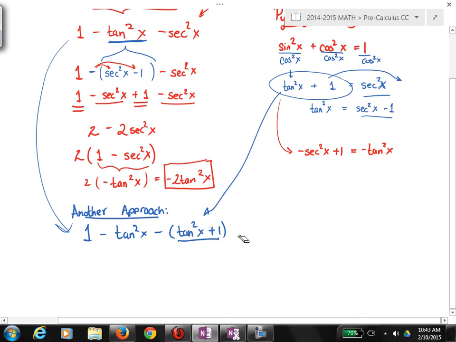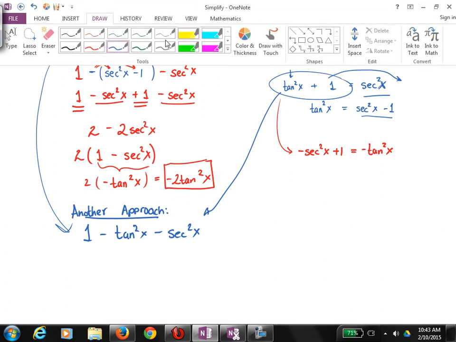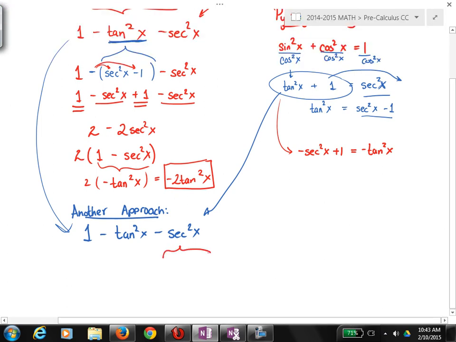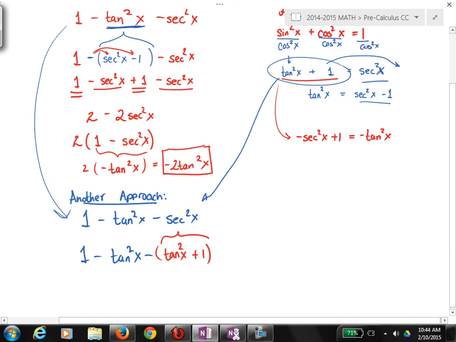Well, let me rewrite it so that you can see what I'm doing. Secant squared of x, and this is what I'm replacing. This secant, I'm replacing it with this tangent squared of x plus 1. Everything else, make sure that you leave it alone. I still have 1 minus tangent squared of x. I still have a minus in front.